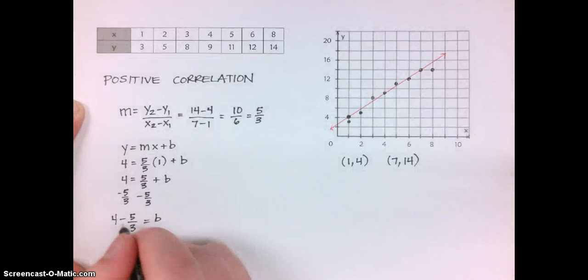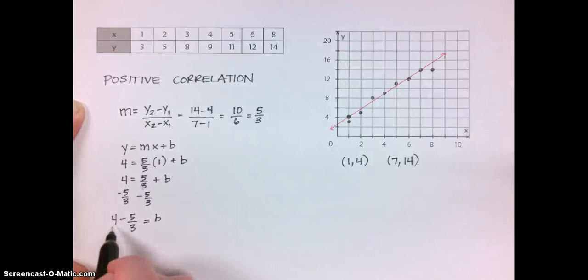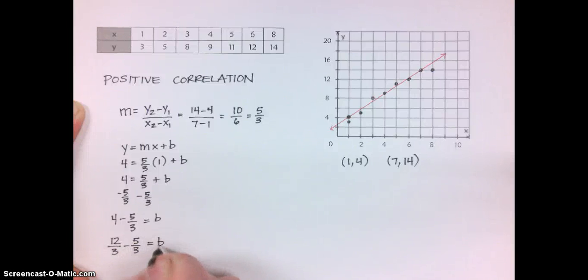I need to think of a common denominator, so I'm going to actually change this 4 to have the denominator of 3, so I'm going to multiply 3 on top as well, so that turns into 12/3 minus 5/3. And my b ends up being 7/3.